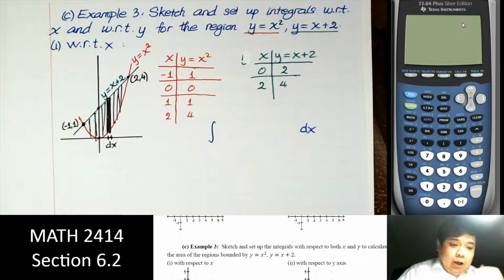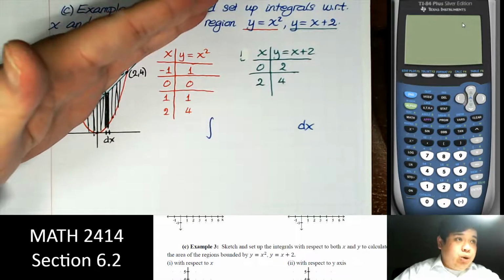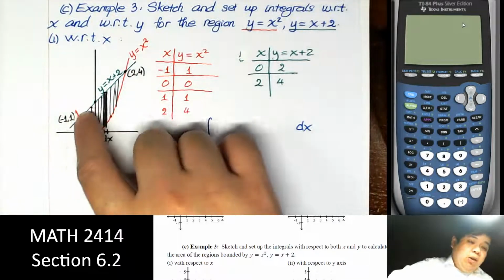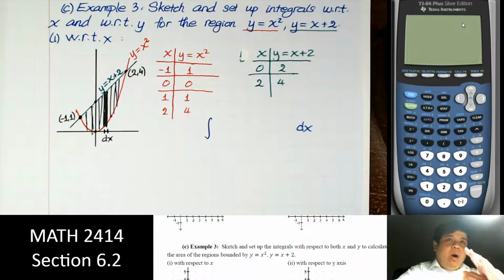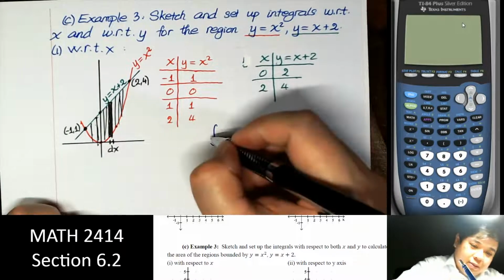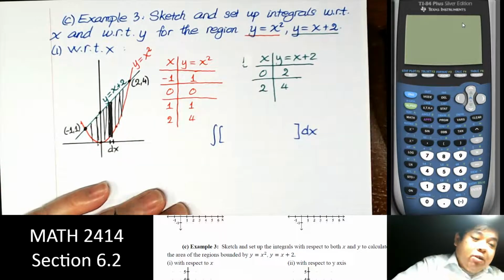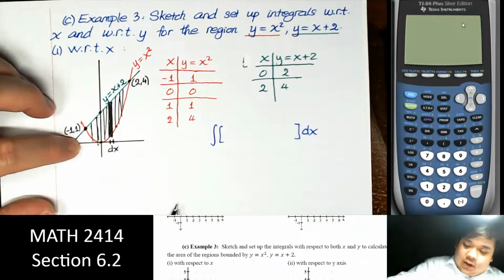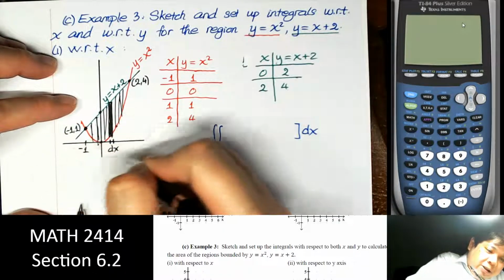So the function above minus the function below. On the top it is bounded by y equal to x plus 2, and the bottom is bounded by y equal to x squared. So there is consistency between the functions, one above, one below. So we only need one integral because there's only one boundary on each side. And in terms of the limit for x, it goes from -1 to 2.